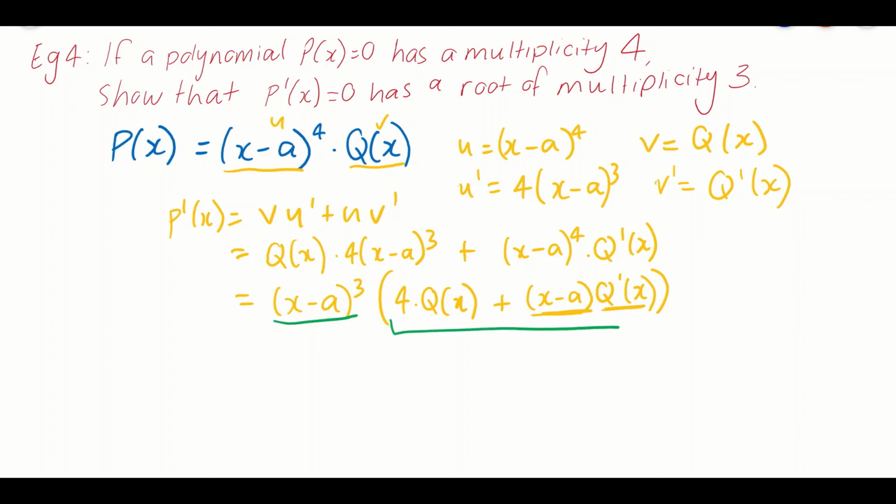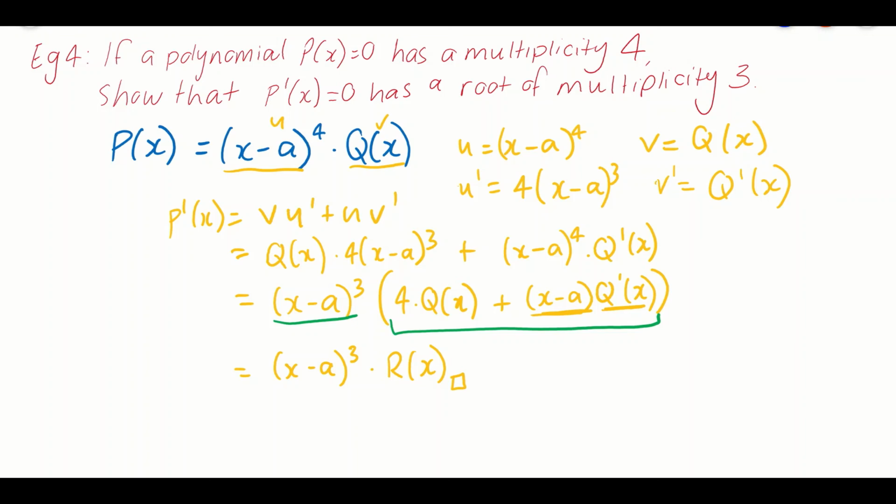Remember, all of this out the back there is just some function, something else. We don't know what it is, but what matters to us is that we just proved that the original factor that had a multiplicity of 4 will now have a multiplicity of 3. What I can do is let that big ugly function they're adding on be just some other polynomial. So there we've proved that the first derivative has a multiplicity of 3.